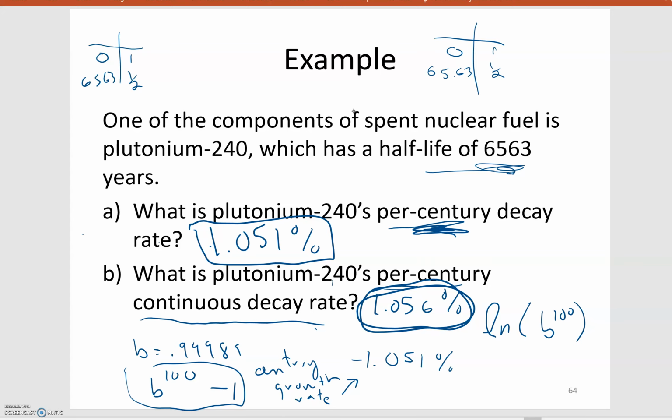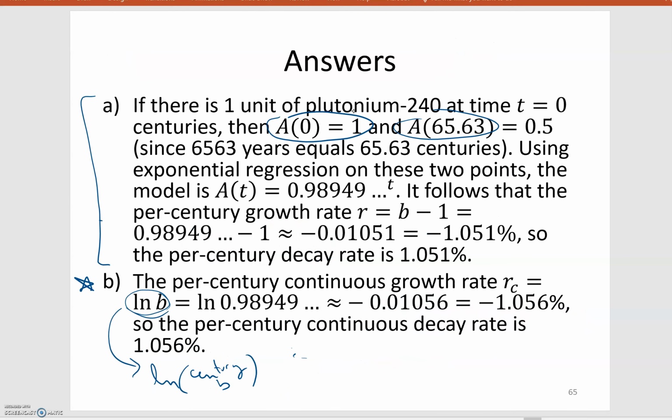Now, of course, I've already drug you through this method of solution where we did the conversion. If I had converted it to centuries in the beginning, then our solution would have been a little bit more direct. So as you can see here, when you do your regression in terms of centuries, you automatically get the century factor, and then you just subtract 1 from that factor, and that's the answer that we got.